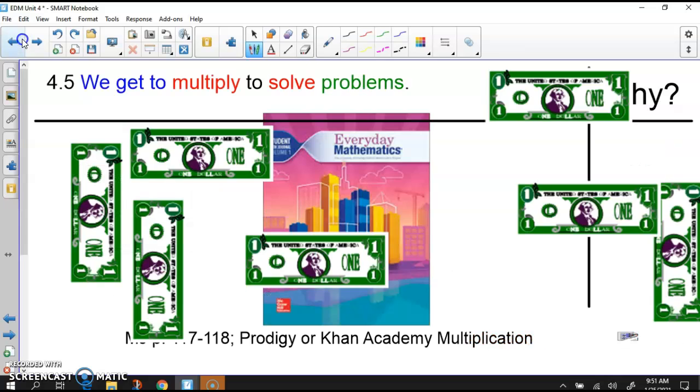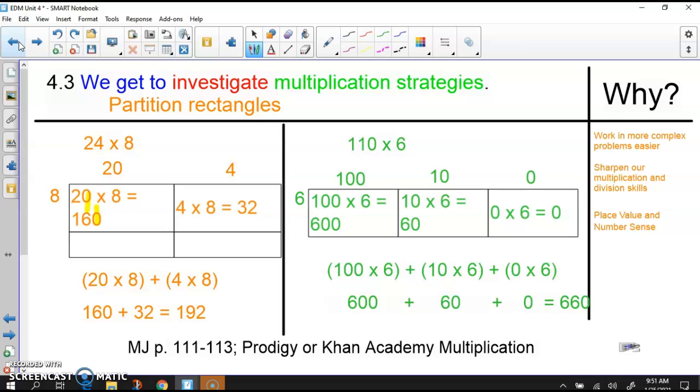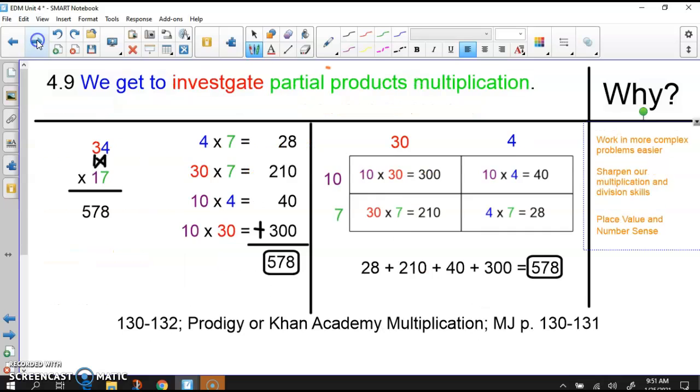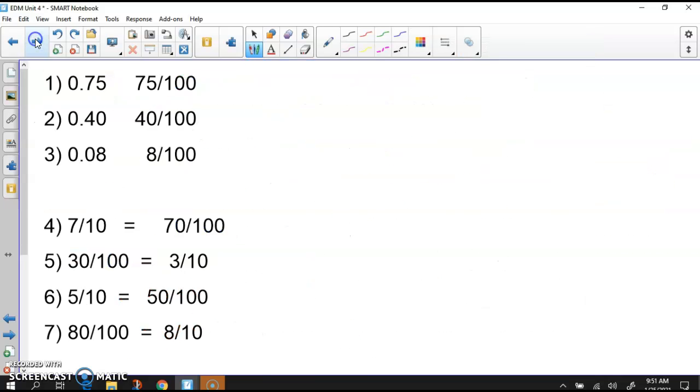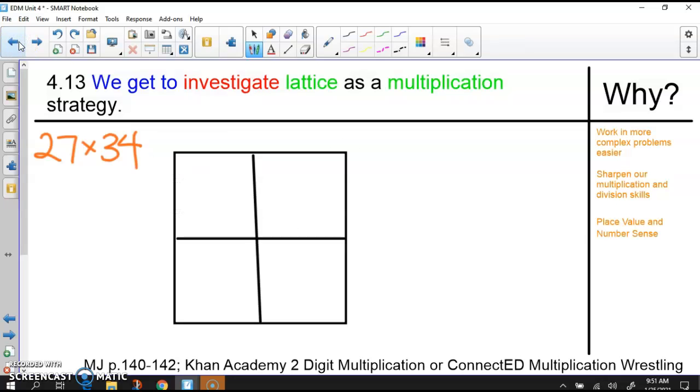What did it mean by partition? What do we see in that word? Yes, the word part, right? So we're taking something apart. We're taking it apart by place value once again, same that we did before. It's just going to look a little different this time.